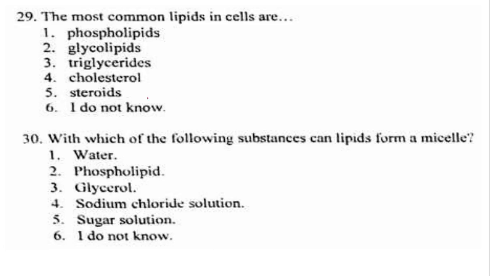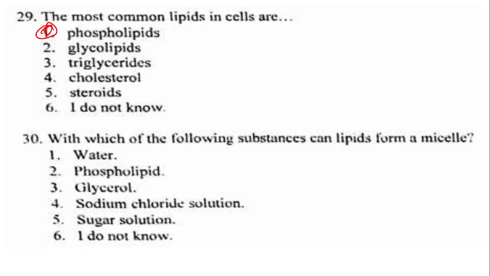But in this case, the most common lipid in cells is the phospholipid. You need to understand from part 1 of this revision, which we did from question 1 to 25, that we looked at the cell membrane having the phospholipid bilayer.